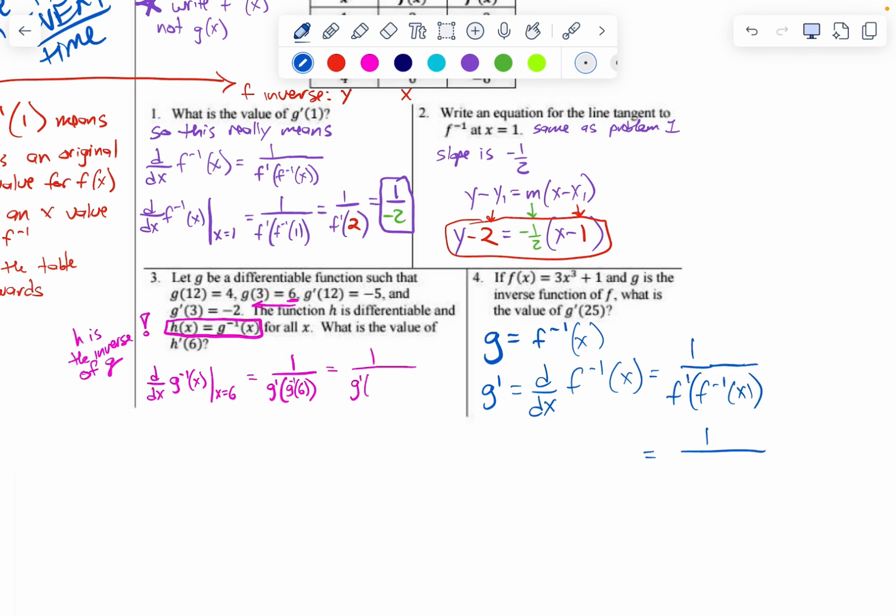Of course we'll end up plugging 25 in for x, but note that we don't know any of the pieces in here. Do you know what I mean by that?